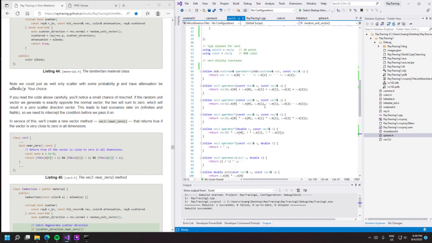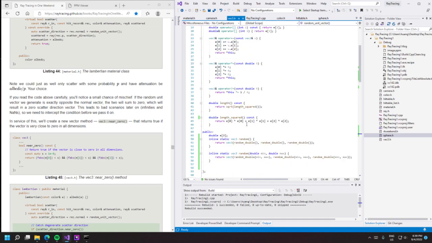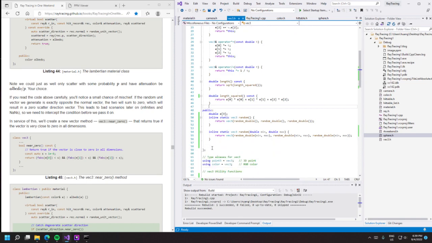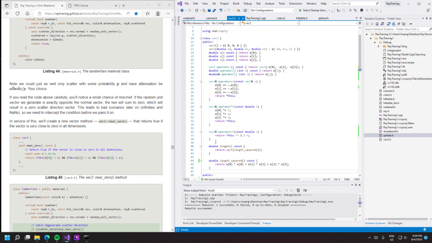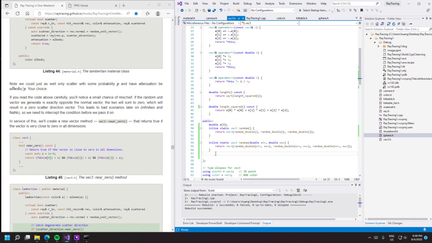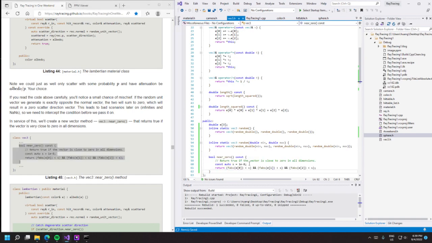So we basically, this is a Boolean, near zero, basically if it's very close to 0.